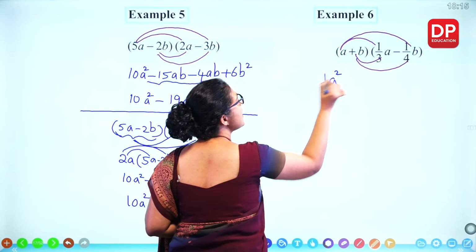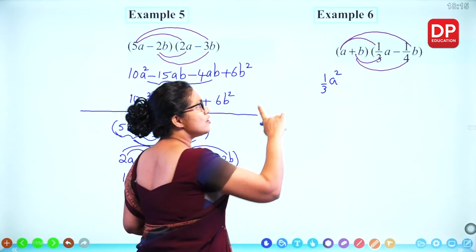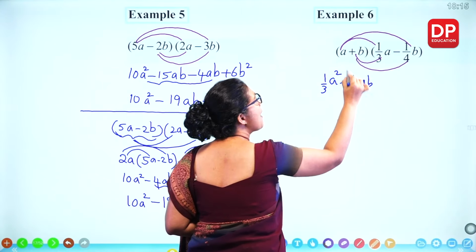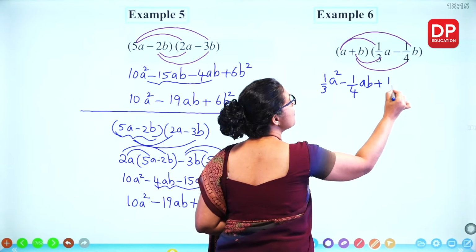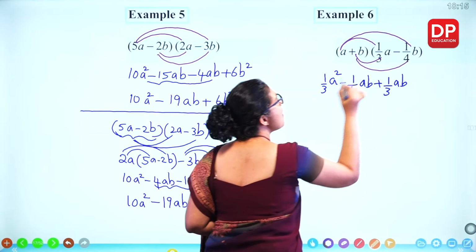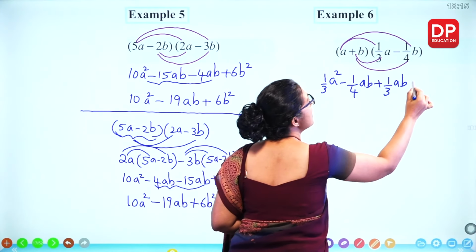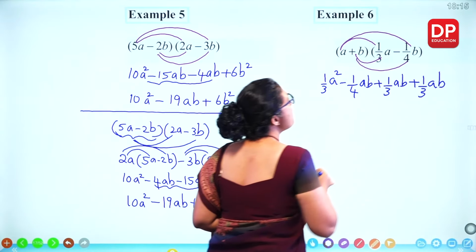A times a is a squared. A times minus 1/4 b, you get minus 1/4 ab. B times 1/3 a, you get plus 1/3 ab. Plus b times 1/3 a, you get 1/3 ba or ab.